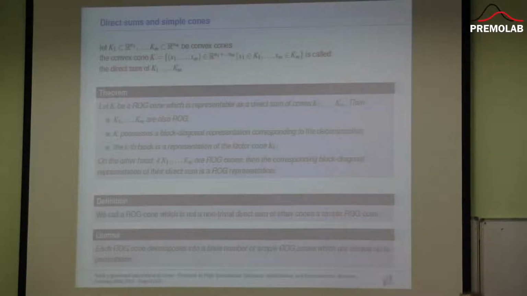And we can do the same thing here. The basis for this is that if we have a cone which is a direct product of other cones, then it's a rank 1 generated spectrahedral cone if and only if all these factor cones are also rank 1 generated spectrahedral cones.